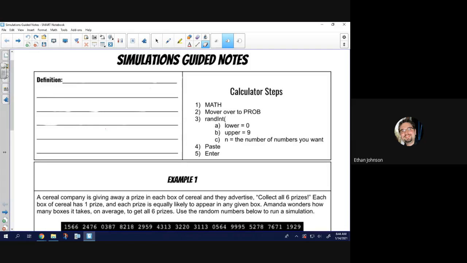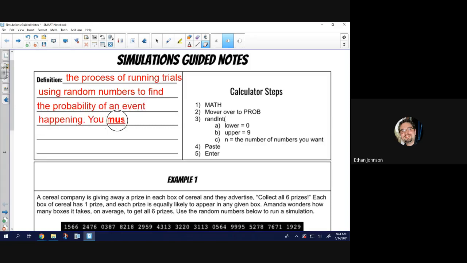What a simulation is, is the process of running trials using random numbers to find the probability of an event happening. However, you must have equally likely outcomes for the events, and you must have a key.